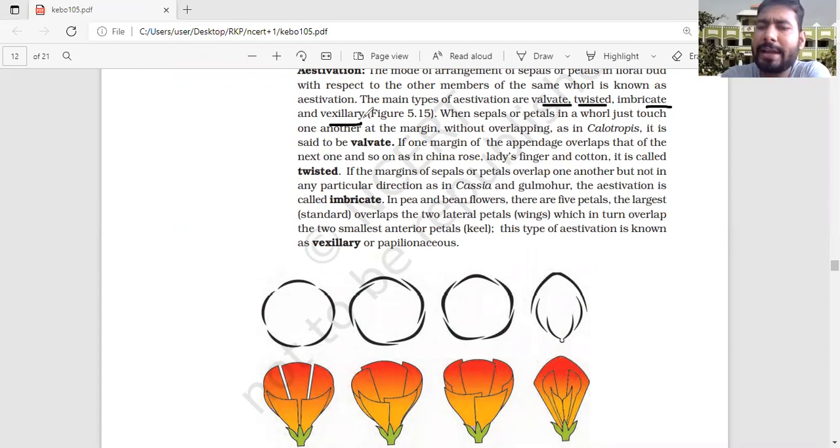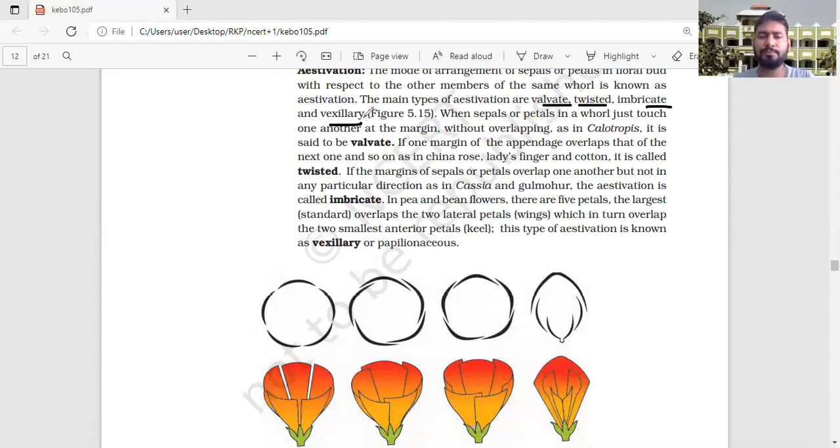Quinquential is also a type of imbricate, where 2 whorls are inside, 2 whorls outside, and one is in a twisted manner. So basically there are 4: valvate, twisted, imbricate, and vexillary. In some places quinquential is also given, but it is nothing but a modification of the imbricate type of estivation.